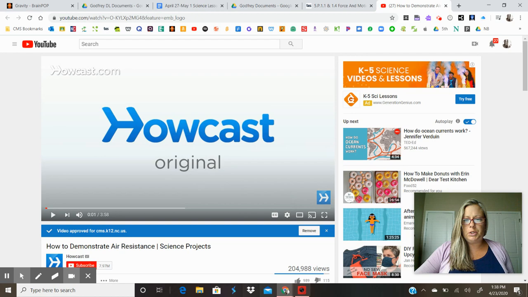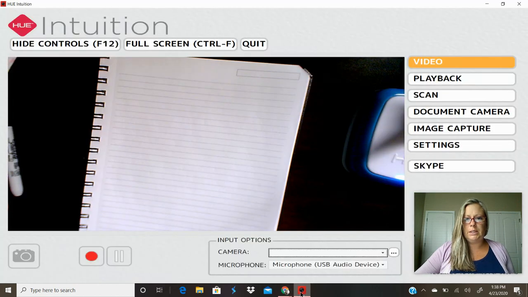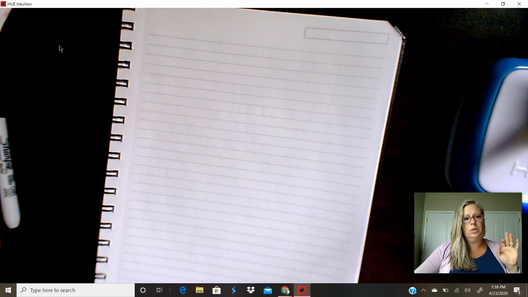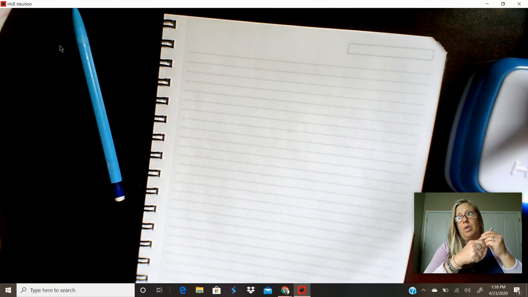But before we do, I'm pretty sure that Thomas in our last Zoom, on Thursday, which is actually today for me, by the way, y'all, was asking whether the design of things matters when it comes to air resistance.